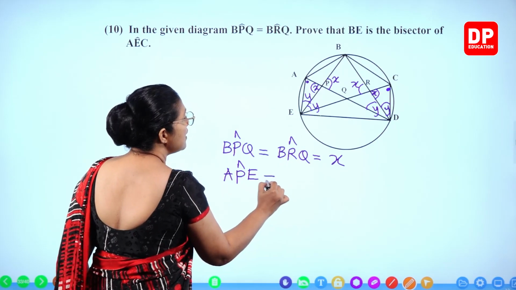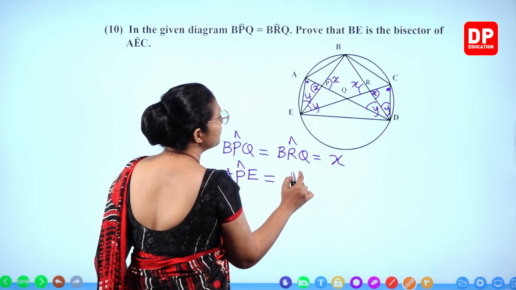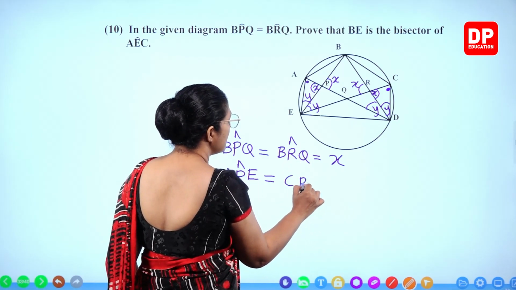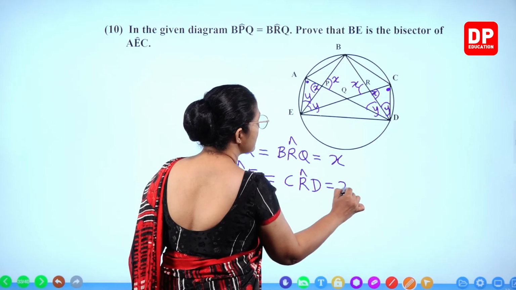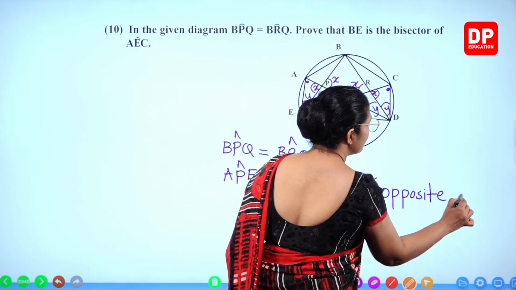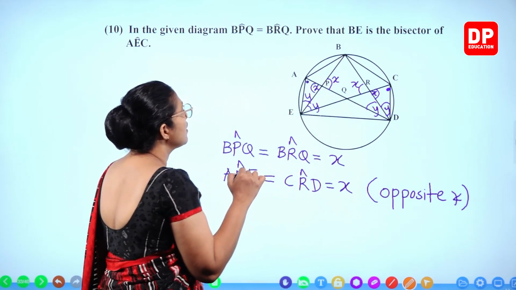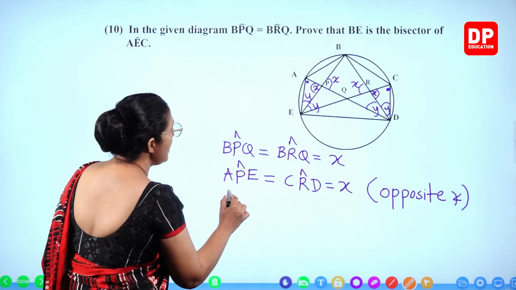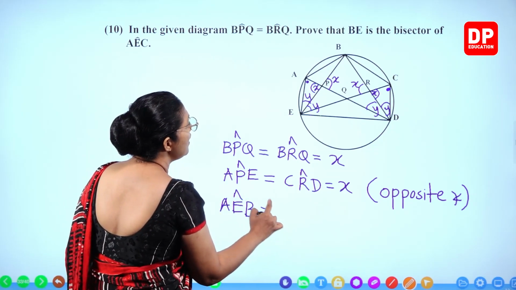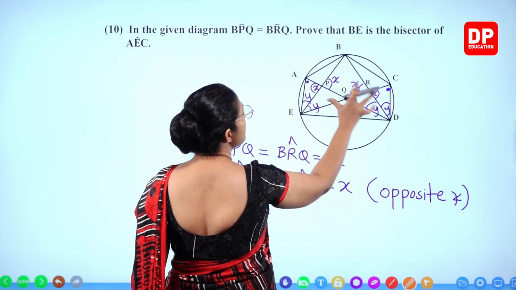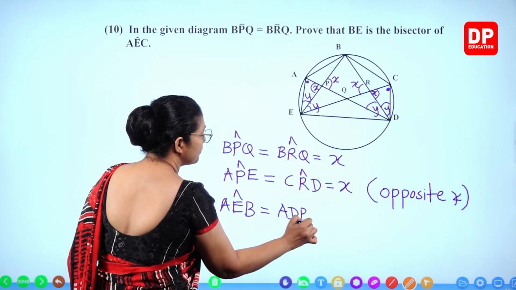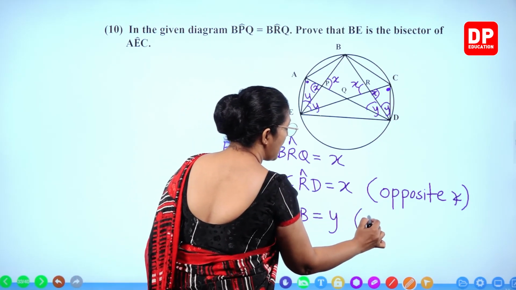This angle is also X. And also CRD is also X. Opposite angles are equal. Then take AEB angle as Y. That is the same as ADB angle because same segment angles are equal.